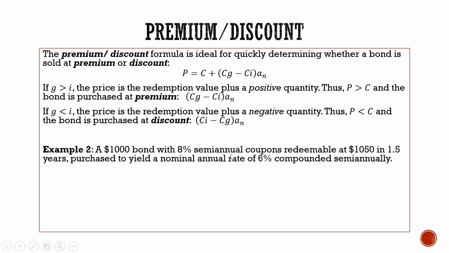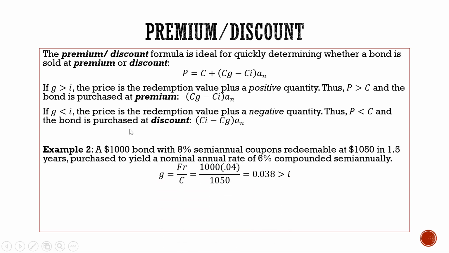So the term here is actually a half year, not a year. At the end of each half year, the lender will receive a coupon of 4% of 1,000, which is $40. And the interest is also compounded at the end of each half year at 3%.